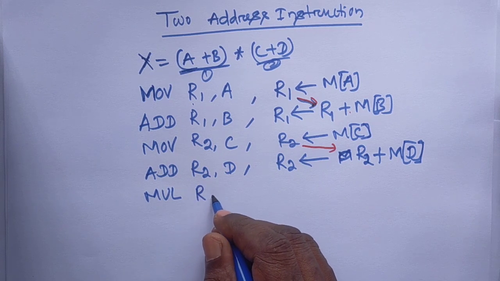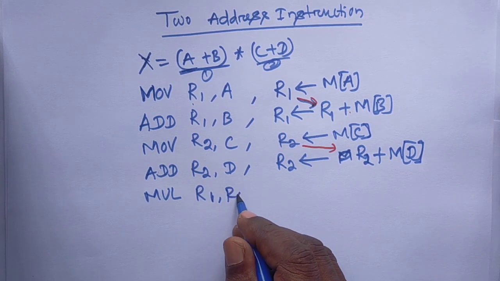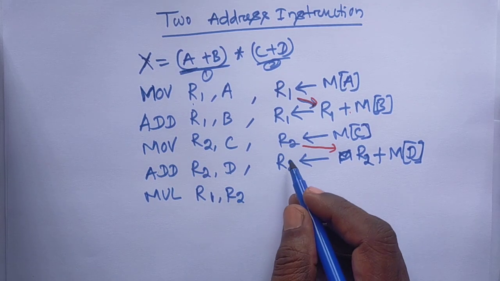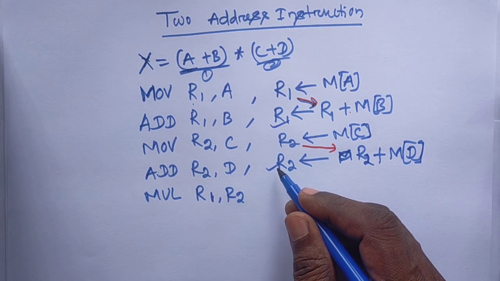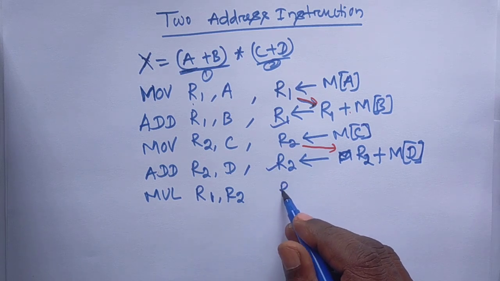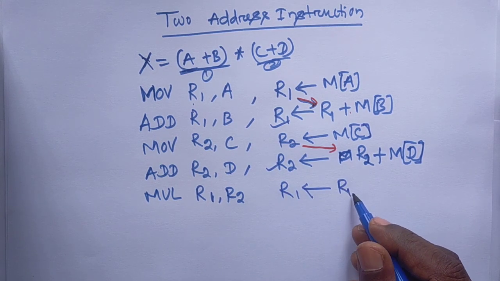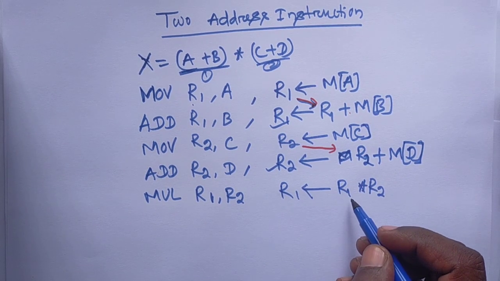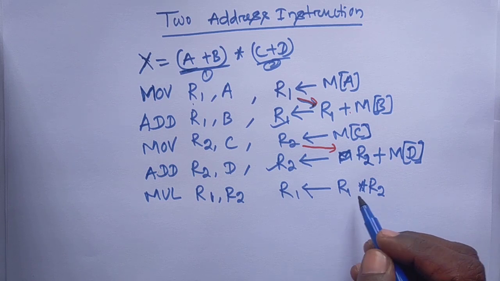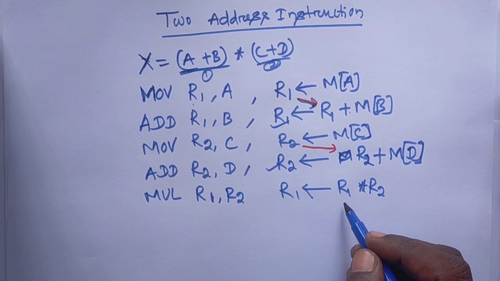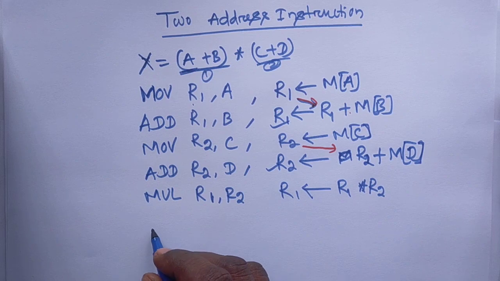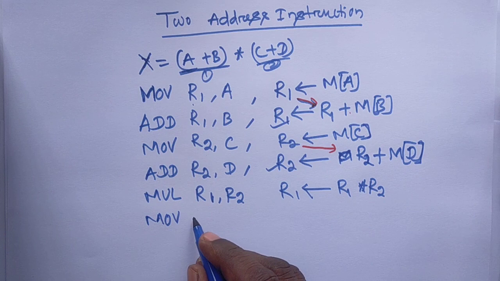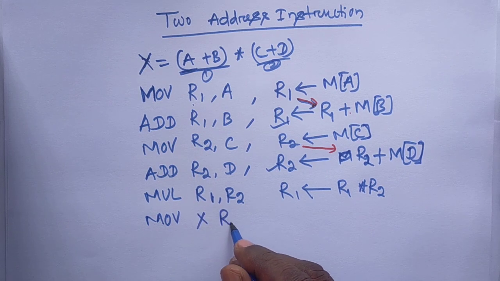R1 is multiplied with R2, and the total data is stored in R1. But our aim is to store the data in X, so we write MOV X, R1.